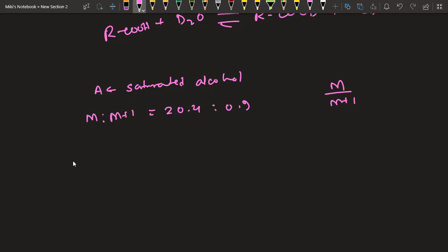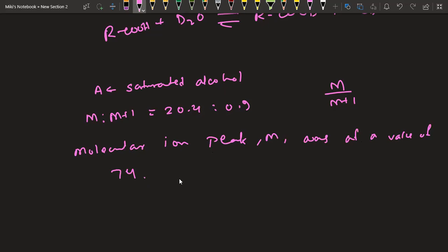Now it says that the molecular ion peak M was at a value of 74. Oh, now I remember, M represents molecular mass, the molecular mass of the ion.